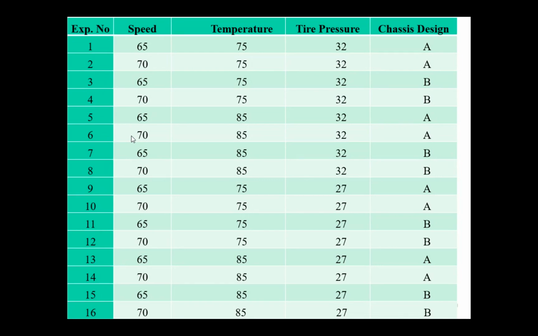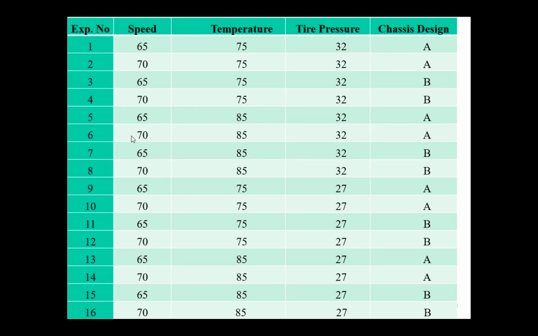In the first 2 experimental trials, that is experiment number 1 and 2, the temperature, tire pressure and chassis design are kept constant, whereas the speed is varying. In experiment number 1, the speed is set as 65, and in experiment number 2, the speed is set as 70. That is, at a time, I am going to vary only one input parameter, while the other parameters are kept constant.